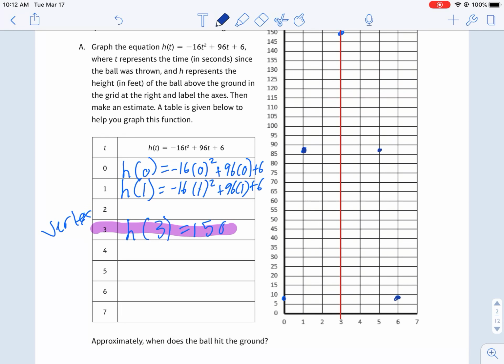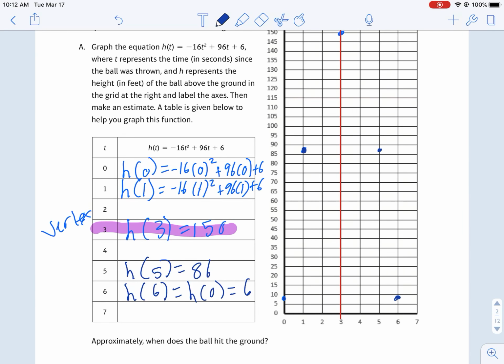So I know at 5 seconds, it will be the same thing as it was at 1 second. So h of 5 should be 86. H of 6 should be the same thing as h of 0, which is just 6.